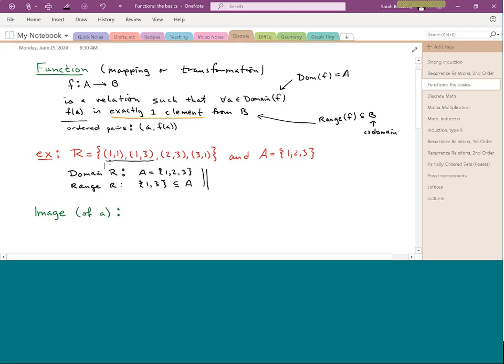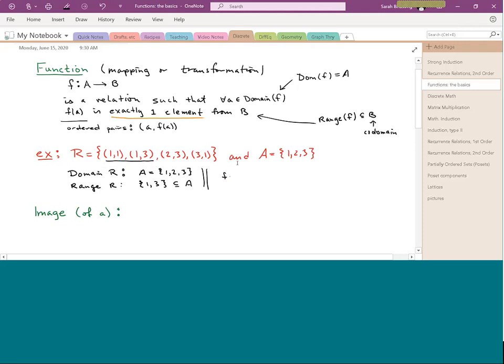So the exactly one element tells you that you have at most one ordered pair with the same first position. If we were talking about equivalence classes, which we're not because functions are almost never equivalence relations, this would tell you that each equivalence class has exactly one element in it. Okay? In other words here, because we have these two ordered pairs that both start with 1, this tells us that if you look at f of 1, wow, we didn't name it f, so just a second.